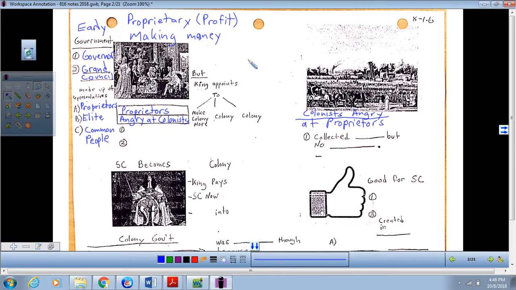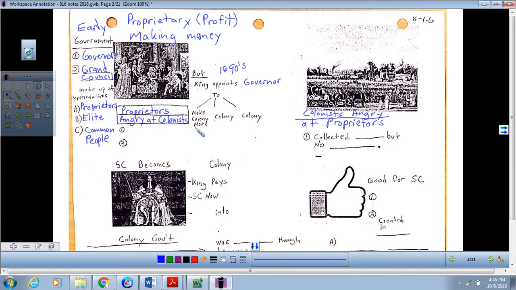Now, even before this switch, in the 1690s, the king took away the power of the proprietors to appoint the governor. And the king started to appoint the governor. The king appointed the governor because he started to realize the value of the Carolina colony.